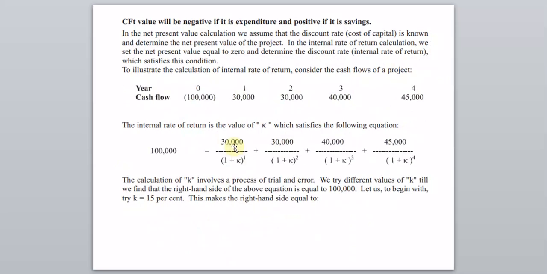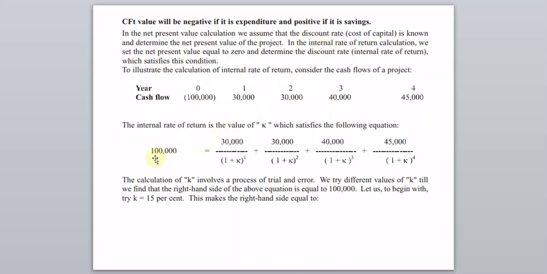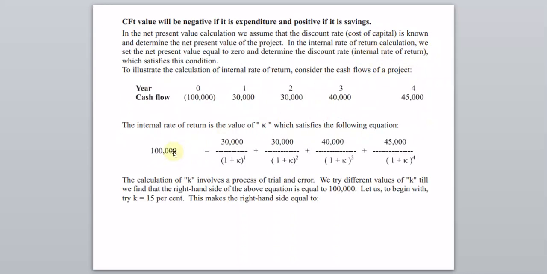So here we keep the K value as 0.15, so it will become 1.15. 1.15 to the power 1, then 1.15 to the power 2, and so on. After addition of these terms we are going to get a value that is more than the given value.